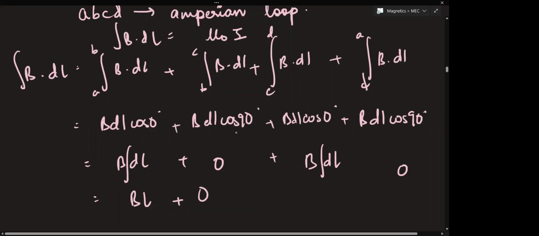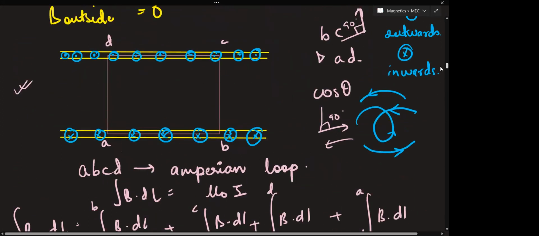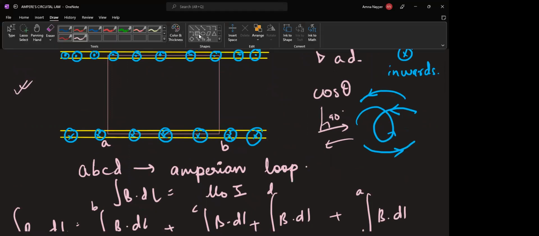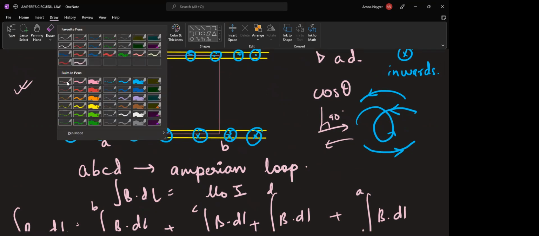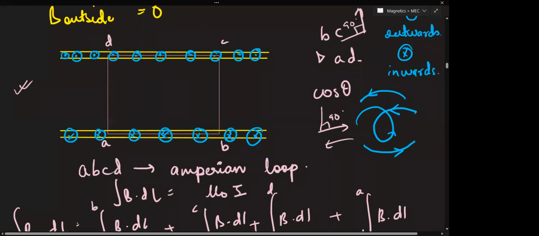Then next we have it for C to D. Now see, one more thing is there when we are integrating from C to D. When we are choosing this portion, we have to consider this wire. This part of the wire, we are considering in air. So basically, what is the magnetic field outside?